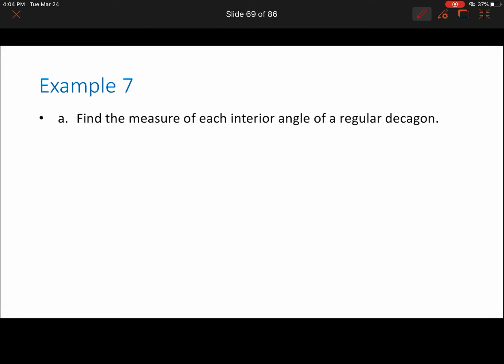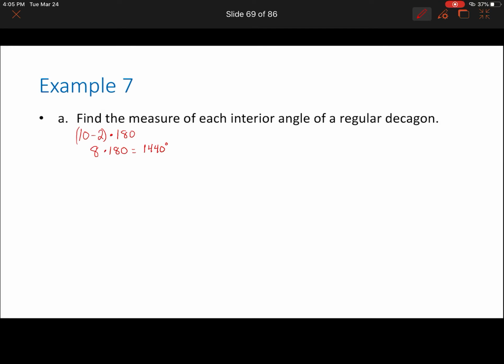It says we want to find the measure of each interior angle of a regular decagon. Now remember, a decagon has 10 sides. So the first thing we need to figure out is, what is the sum of all the angles? To find that, we're simply going to take 10 minus 2 and multiply that by 180. So 10 minus 2 is 8, times 180. You can punch that in a calculator if you need to.